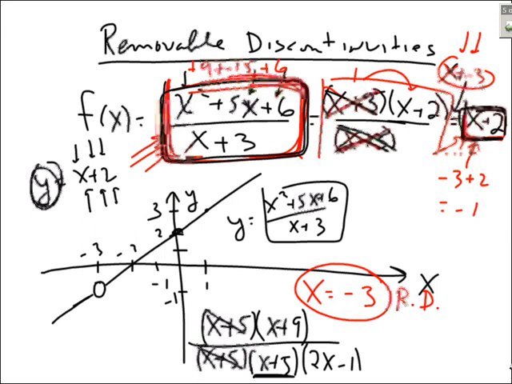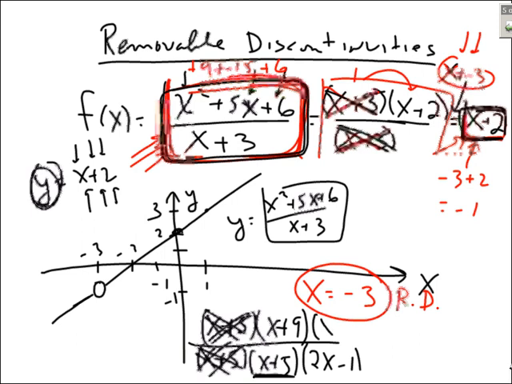Either a value that makes the bottom 0 is going to be a vertical asymptote, or it's going to be a removable discontinuity. After you cross off what you think is a removable discontinuity, if that value still makes the bottom 0 and not the top 0, it's a vertical asymptote.